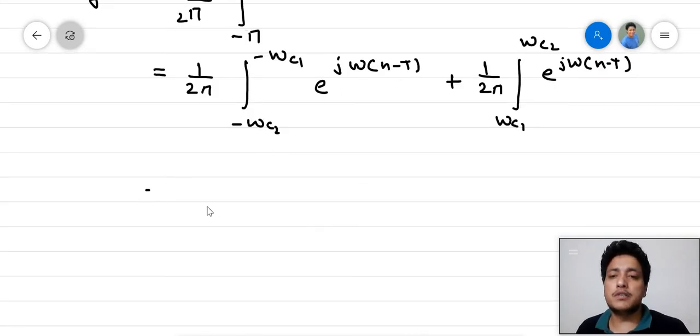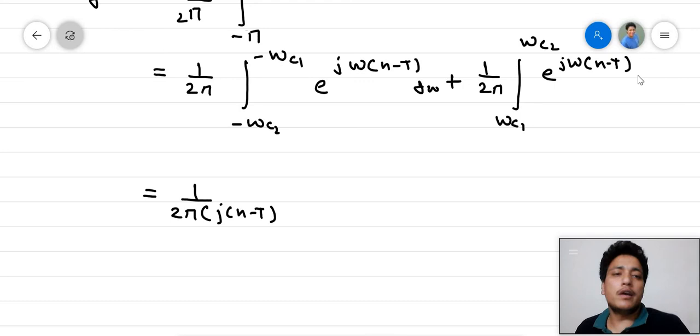Integrating these equations will give 1 by 2 pi j (n minus tau), with d omega here and d omega here.